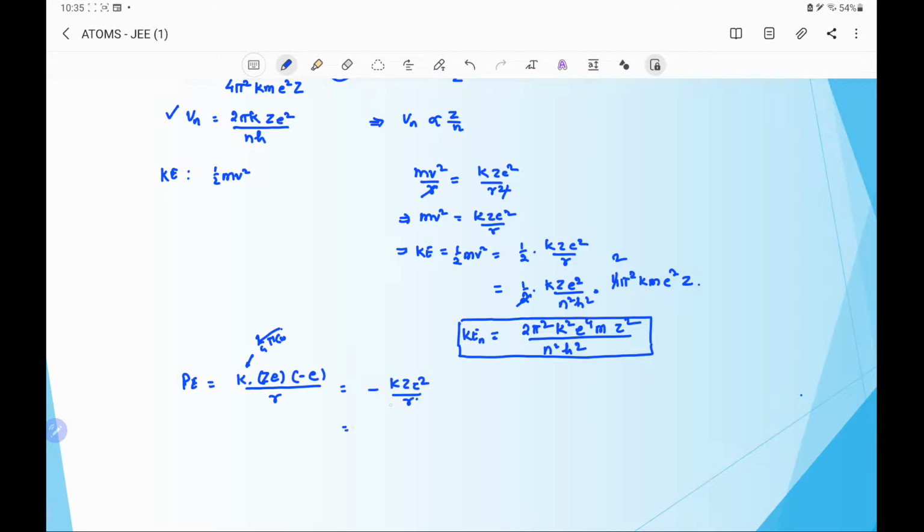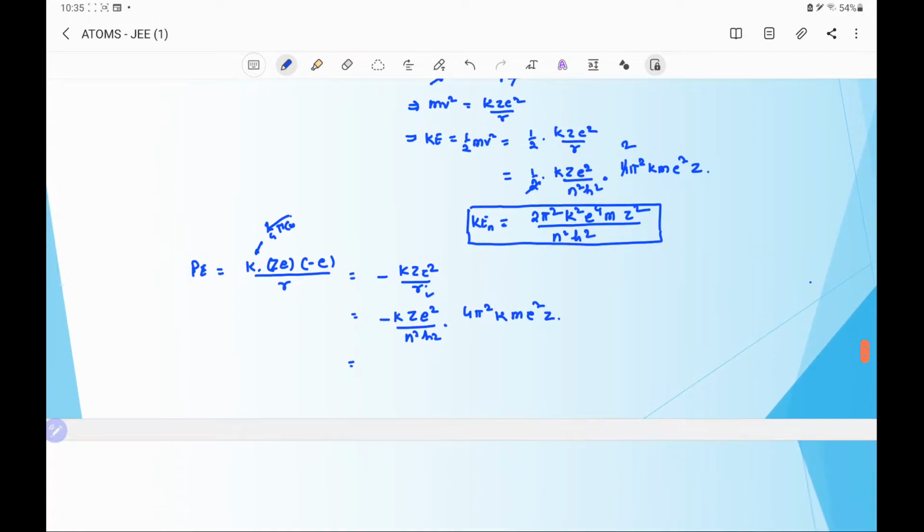Again here we will replace this r, so we have kZe square divided by n square h square into 4 pi square k m e square Z. So we can write it as minus 4 pi square k square e raised to the power 4 m Z square by n square h square. This is the potential energy in the nth orbit.